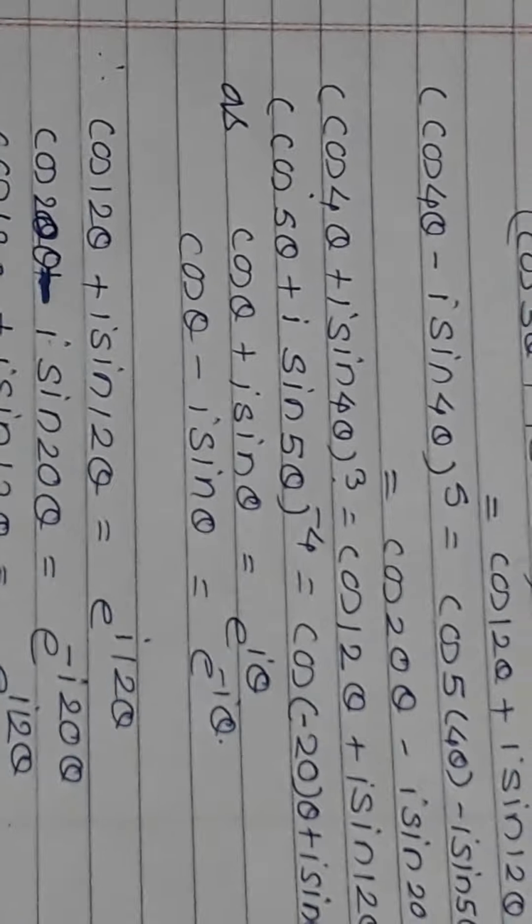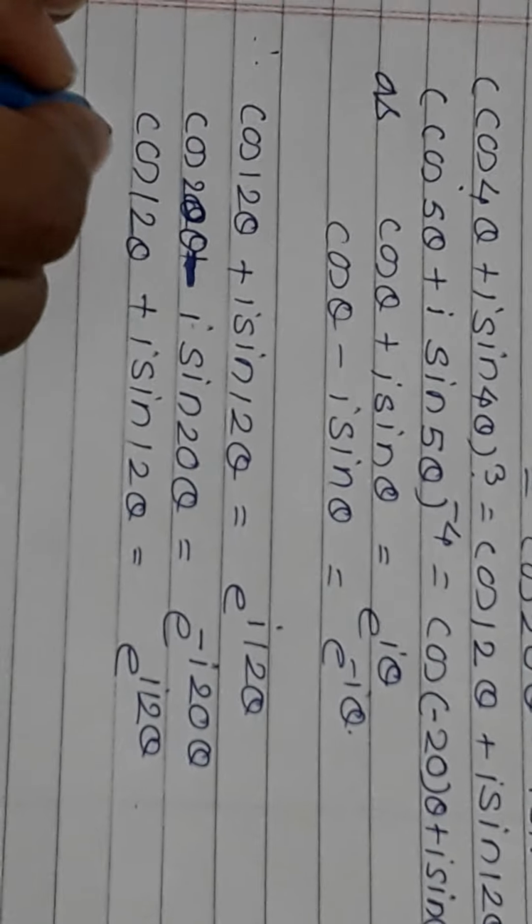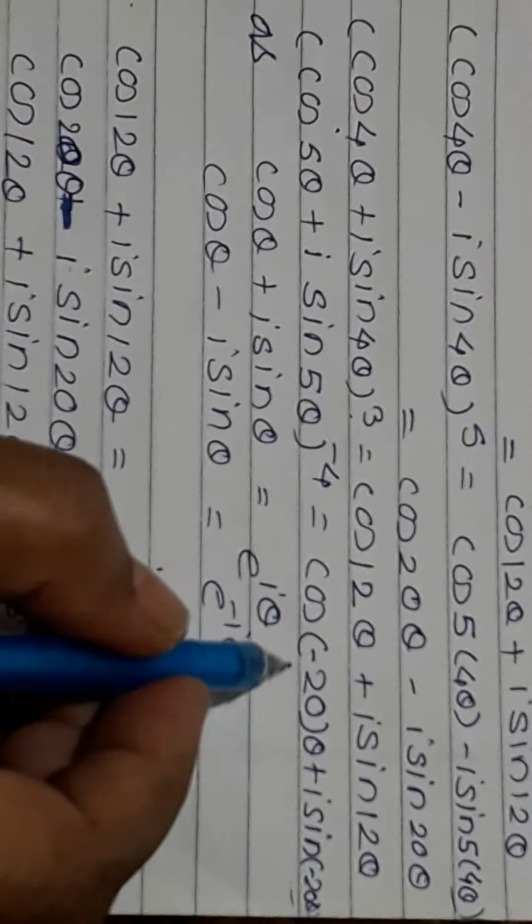Then the next, cos of 12 theta plus i sin 12 theta, is equal to e raised to the power i 12 theta.